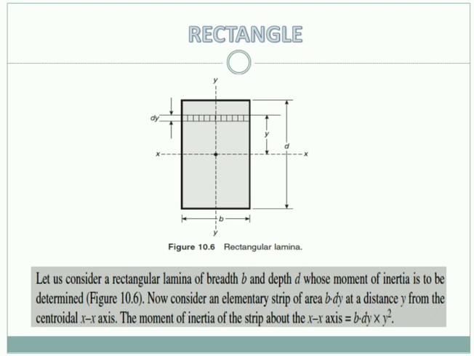Previously we have discussed how we get moment of inertia. It is the product of the area multiplied by the square of the distance. So here the moment of inertia of the elemental strip about xx axis is b into dy, which is the area of the strip, and y square, where y is the distance of that elemental area from centroidal x axis.